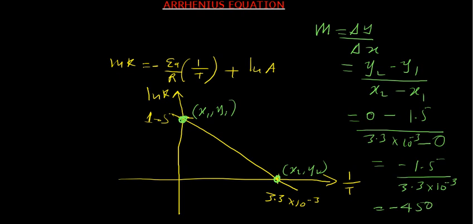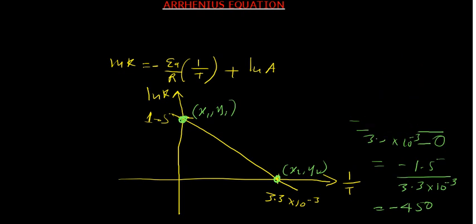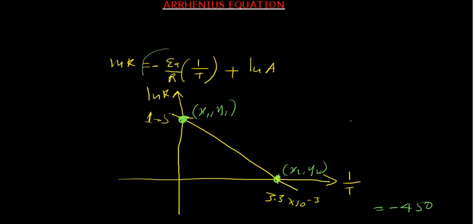Now, to determine the activation energy, we need to get to the formula. We know that the gradient is given by this term, which gives the gradient of this line. And so negative Ea over R should be equal to the gradient. That is, negative activation energy should be equal to R times the gradient.